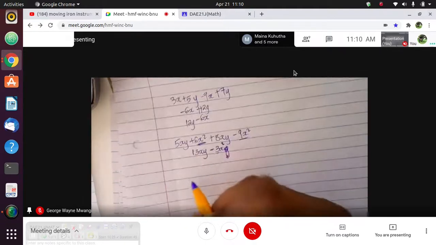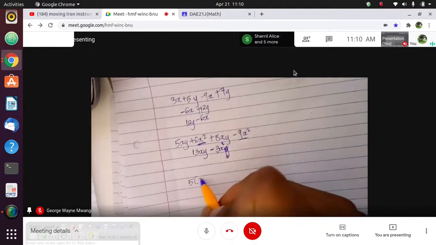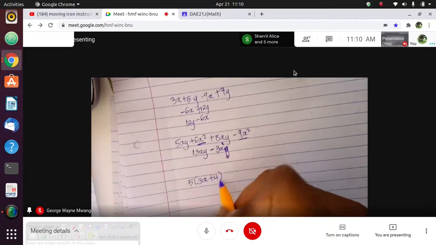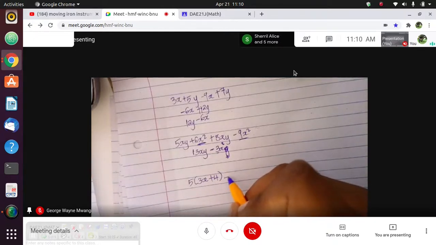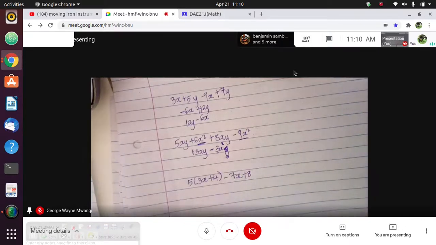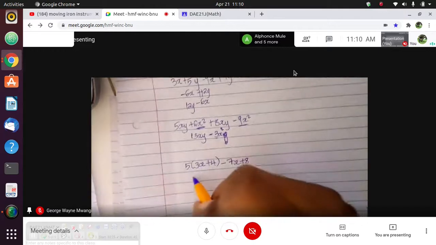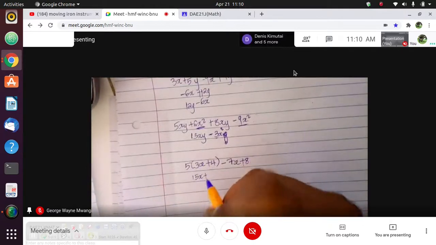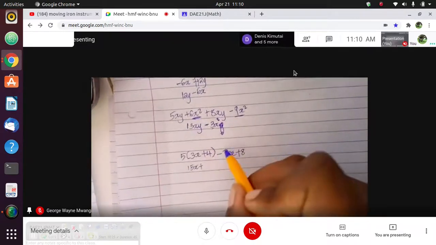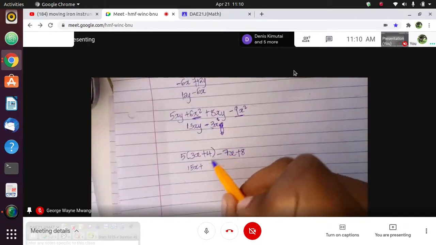Haya, tuendelee. 5 into brackets 3x plus 4 minus 7x plus 8. You have been told to simplify. What will be your answer? 15x plus 20.